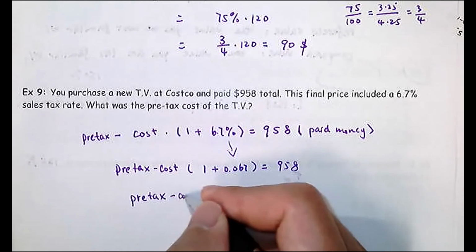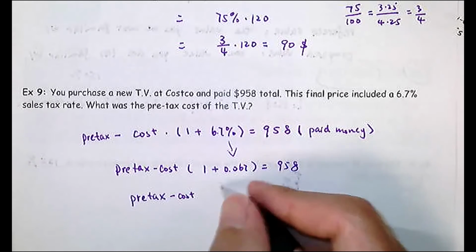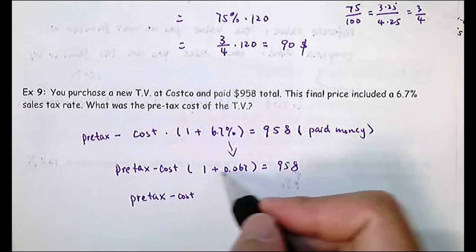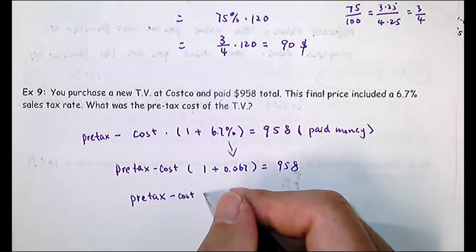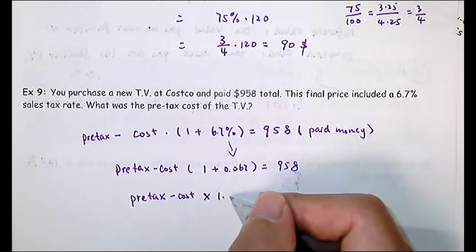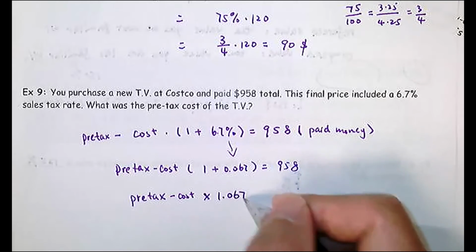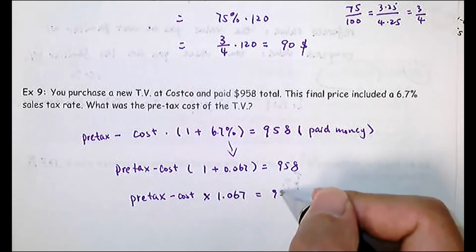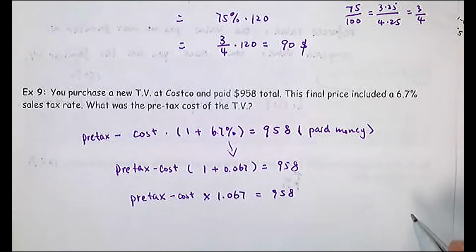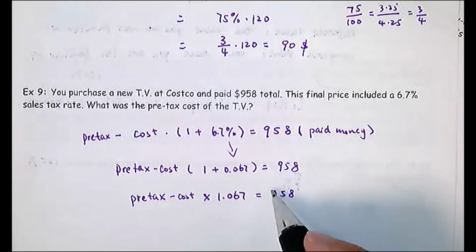Okay, assume you do not have any question. So once we finish the addition, we get the pre-tax cost times 1.067 equals 958. Okay.